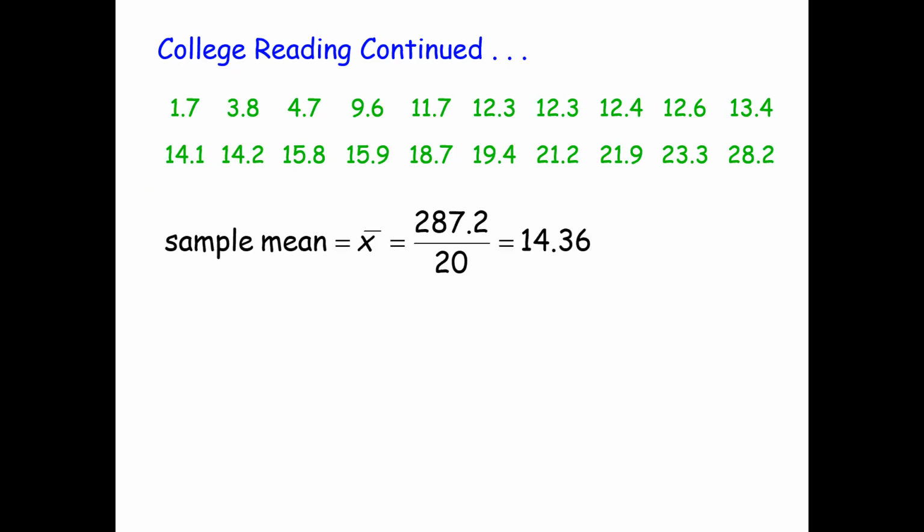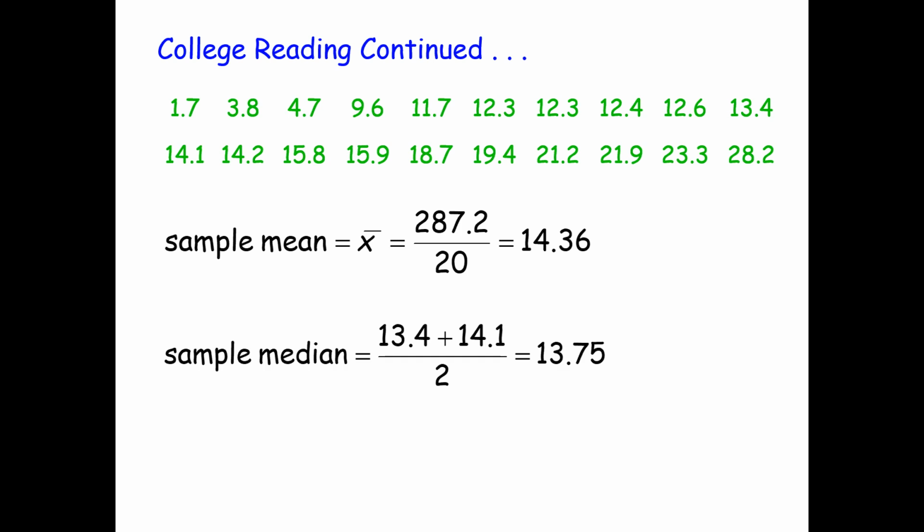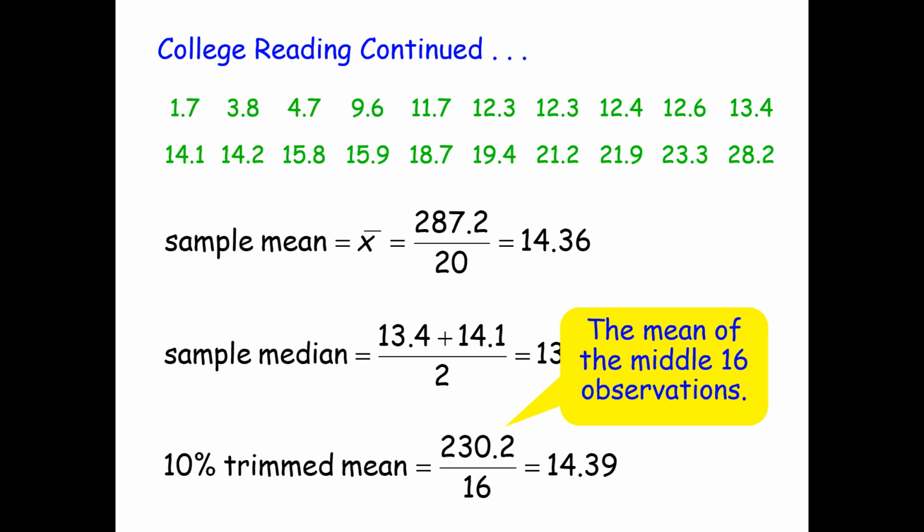Now, for our sample mean, we're going to have x bar equals 14.36. Our sample median is going to give us a value of 13.75. And our 10% trimmed mean is going to give us a value of 14.39.